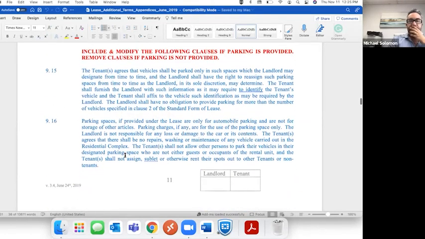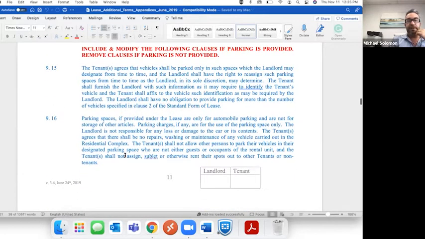And then we talk about things about, if parking is provided, these clauses in 9.9.15 and beyond here are great to identify, if there's parking included, where are the parking spots? How many parking spots does the tenant have?